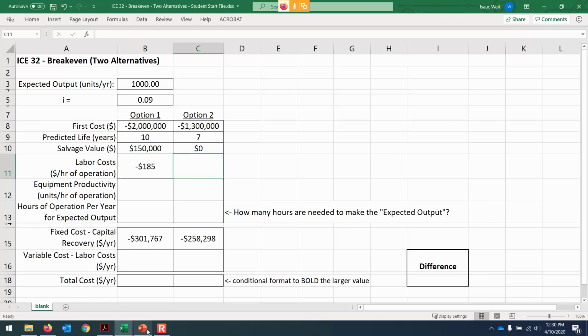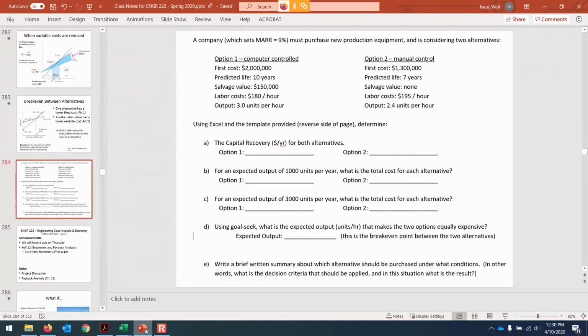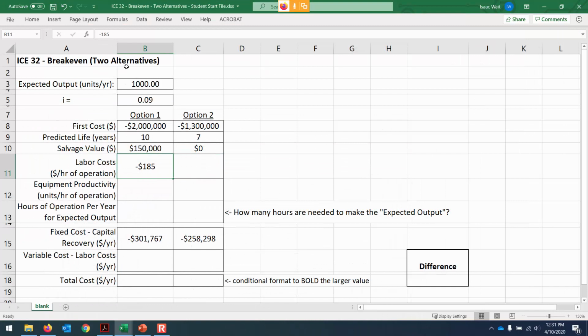And then the productivity: we can make 3 units per hour with option 1 versus only 2.4 units per hour.